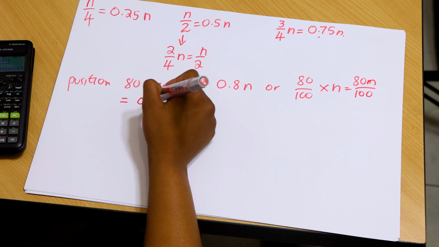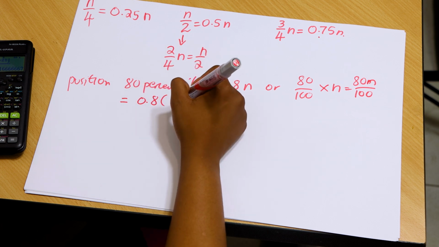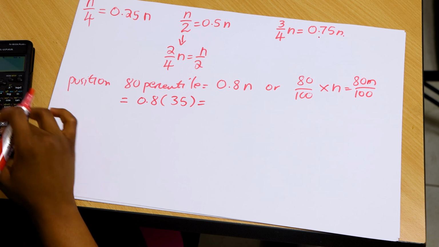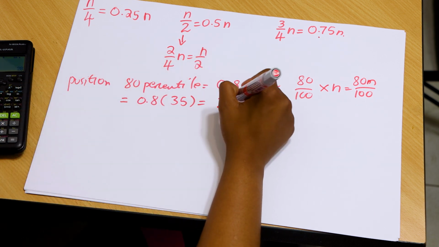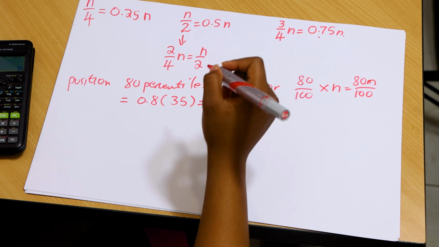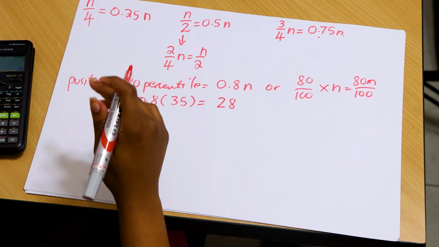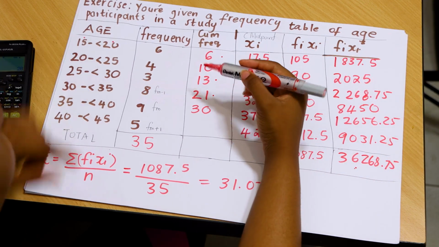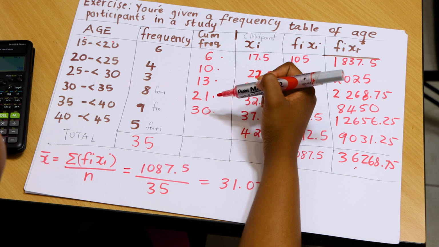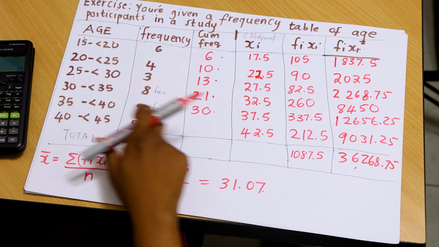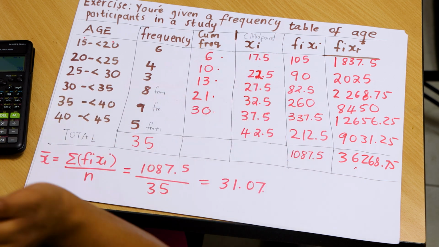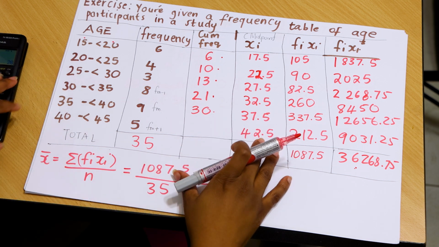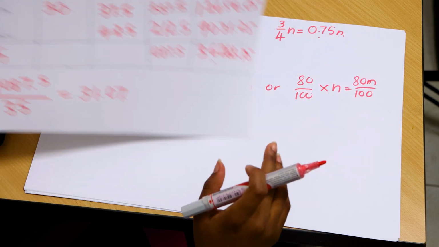So it's going to be 0.8 multiplied by 35, and that is the 28th position. Now we go to step 2, to the cumulative frequency table, and we locate the 28th position. This is 21, then this is 30. We know that the 28th position is definitely somewhere in this interval. Therefore, the 80th percentile is between 35 and 40.